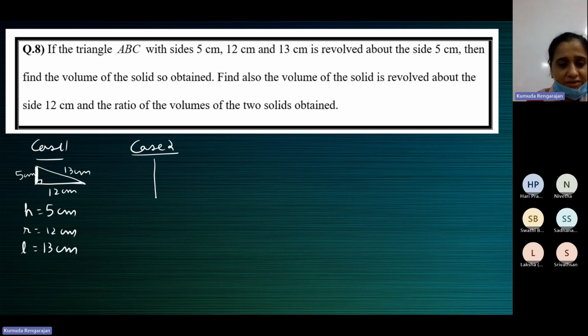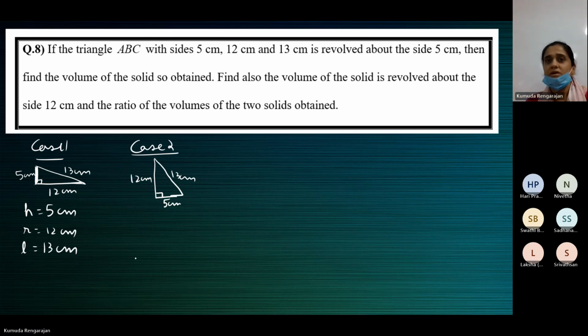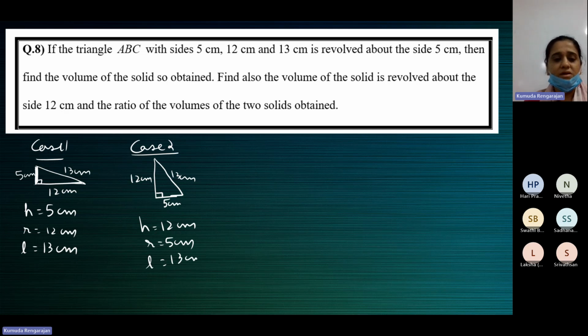If you keep the triangle like this, 12 centimeters, 5 centimeters, 13 centimeters, and you're keeping 12 centimeters fixed and turning the triangle, then the height will be 12 centimeters, radius will be 5 centimeters, and the slant height will be 13 centimeters. So I should call it H1, R1, L1, H2, R2, L2.